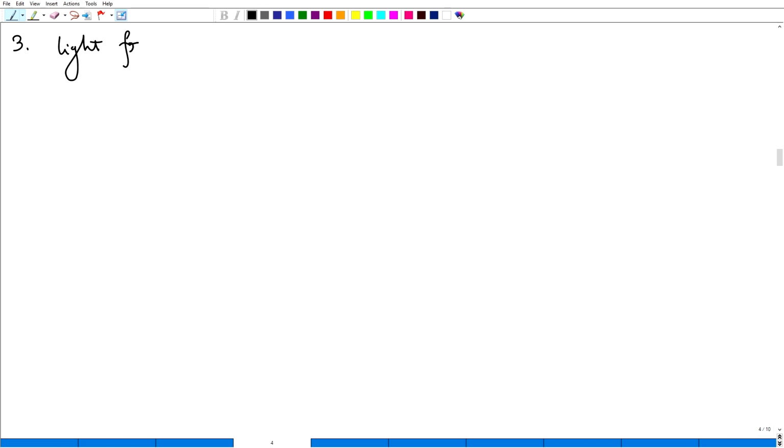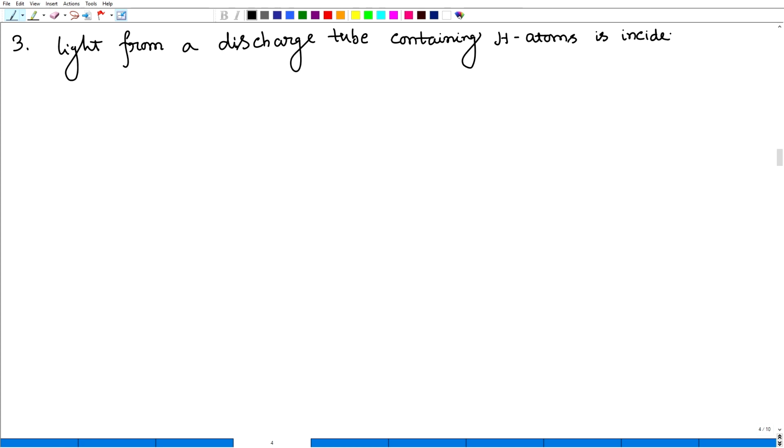Light from a discharge tube containing hydrogen atoms is incident, means light is coming, okay, on the surface of a piece of sodium.